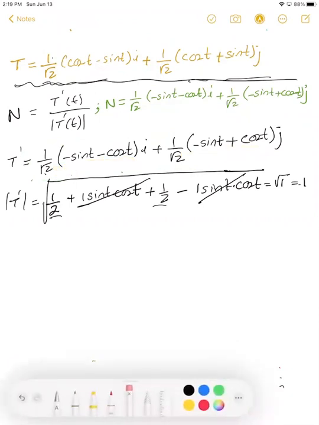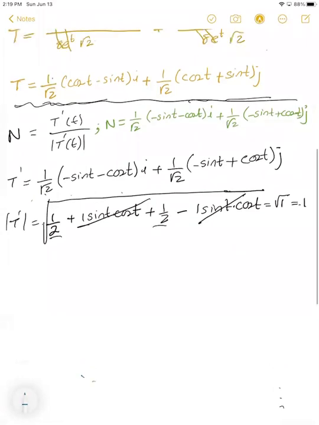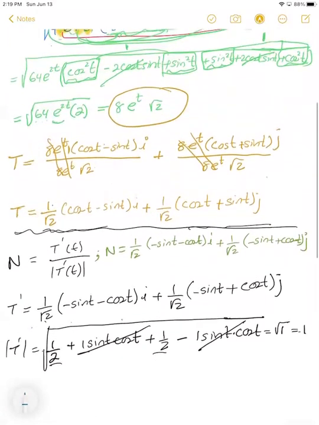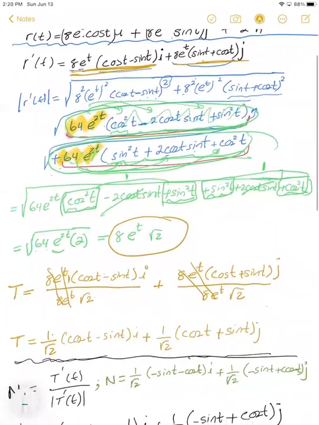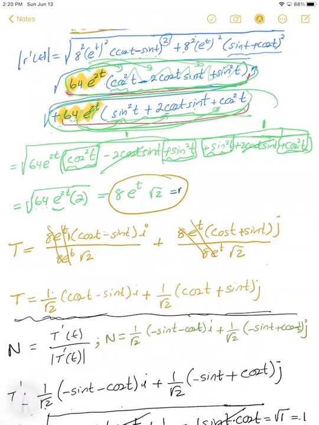Okay, so now that we have the magnitude of T prime and the magnitude of R prime, we have a magnitude for R prime as well. This is R prime's magnitude.